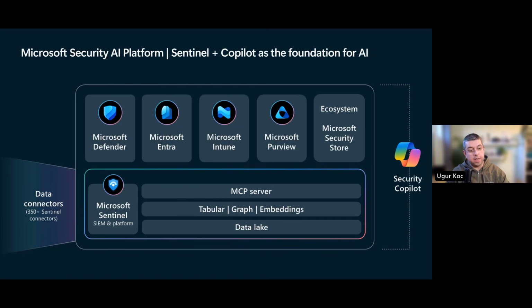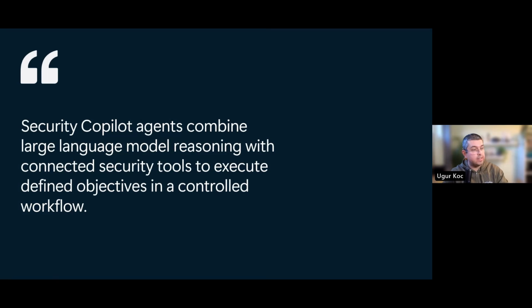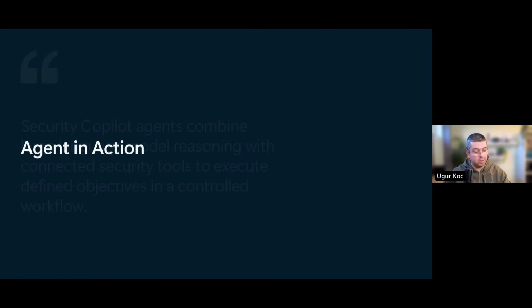With first party tools and third party tools, it helps you gather the data, reason, and then answer your prompts. Security Copilot agents combine large language model reasoning with connected security tools to execute defined objectives in a controlled workflow. This might sound more complicated than it really is.